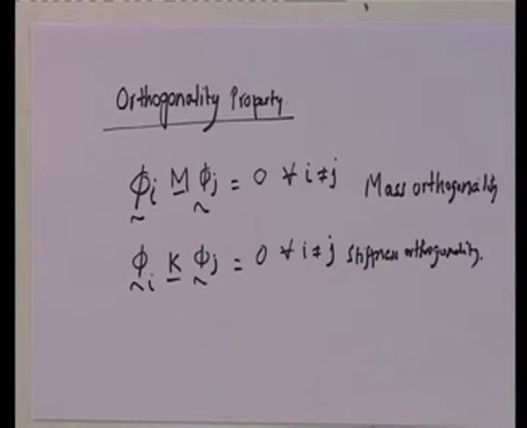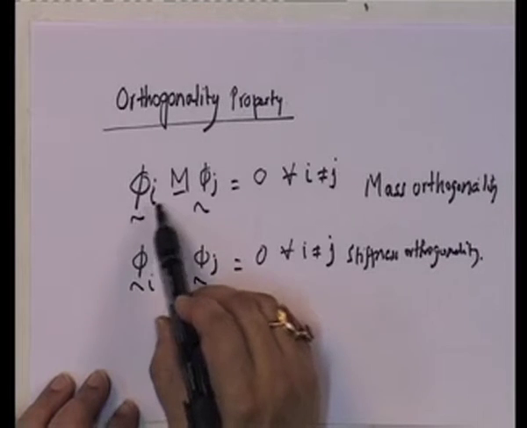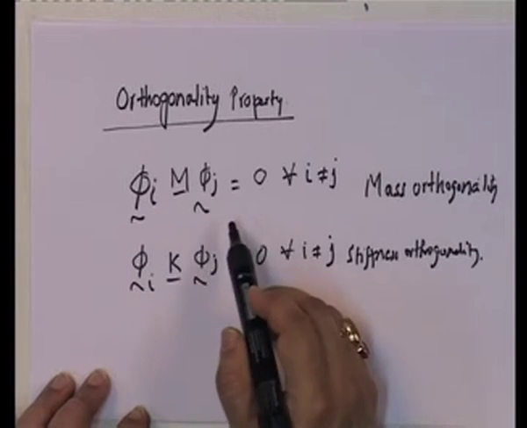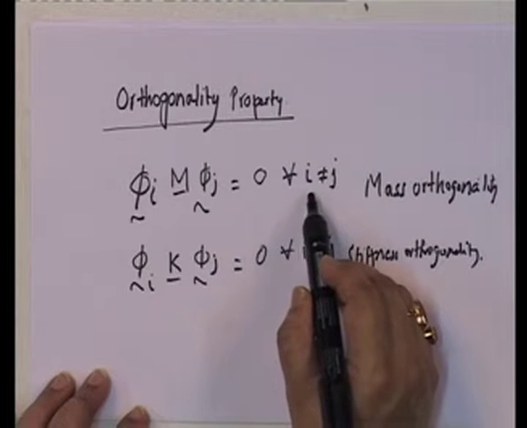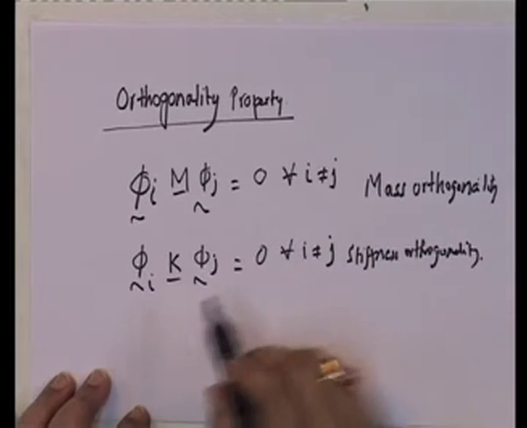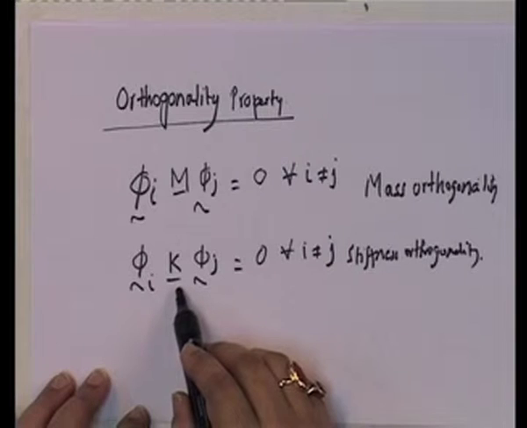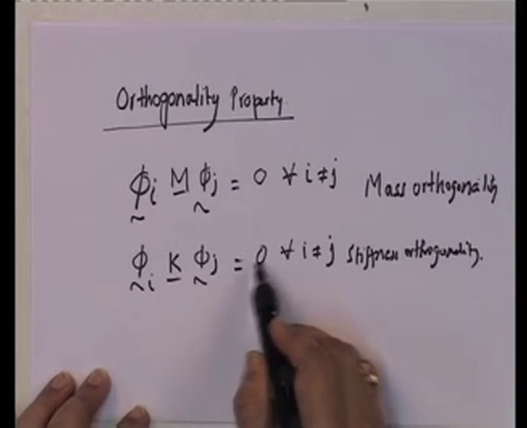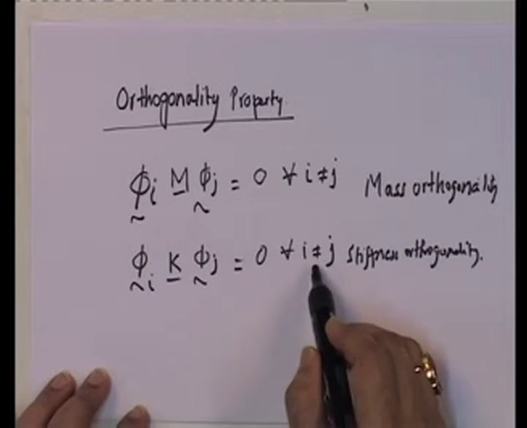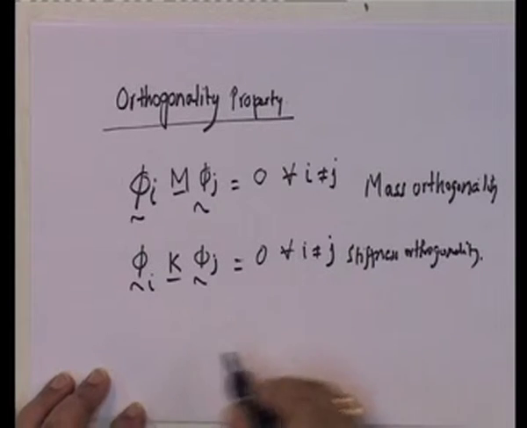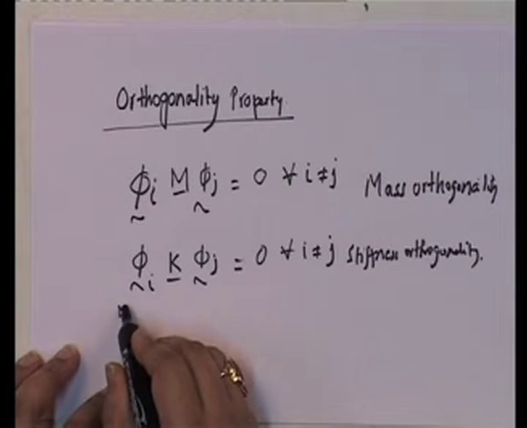What this says is that phi I transpose m phi j is equal to 0 for all I not equal to j, and phi I transpose k phi j is equal to 0 for all I not equal to j.